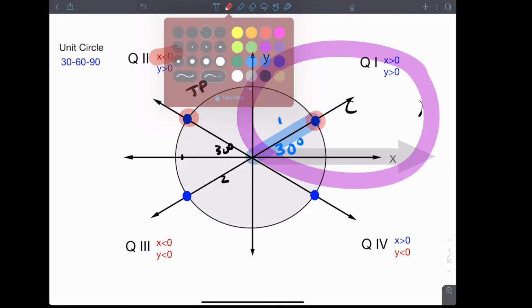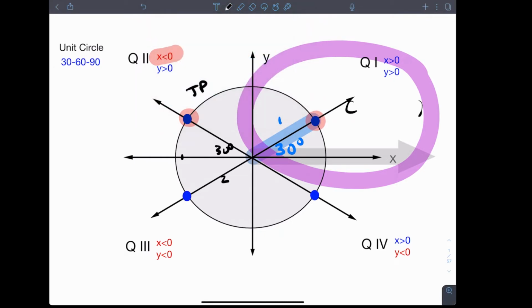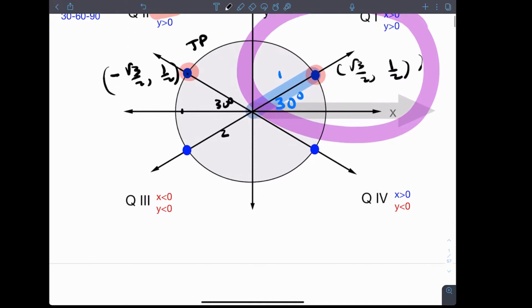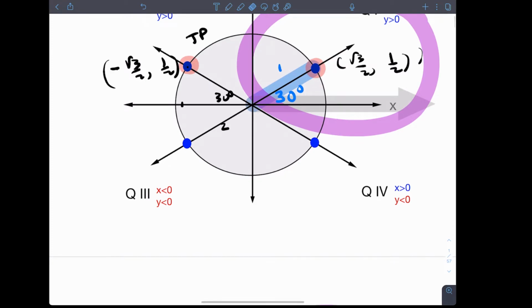Okay, so let's put that in. Now, what about this next one over here? That means this is negative square root of 3 over 2, right? And 1/2. The bottom terminal point is what? They're both negative, aren't they?